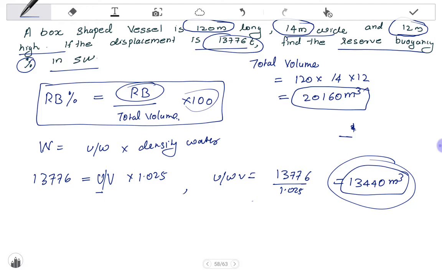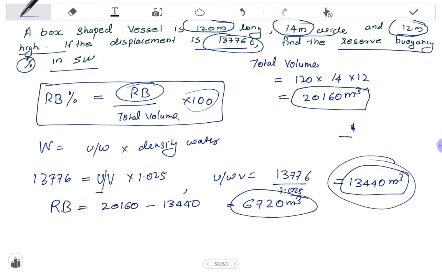So reserve buoyancy is equal to 20160 minus 13440, which is 6720 meter cube.